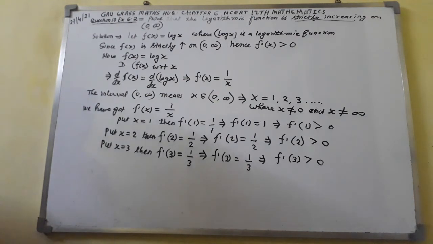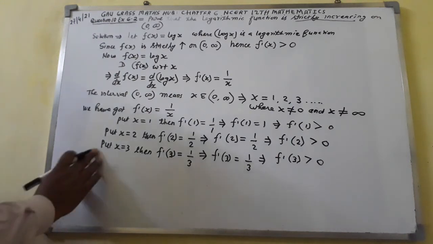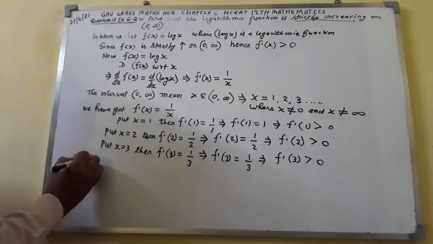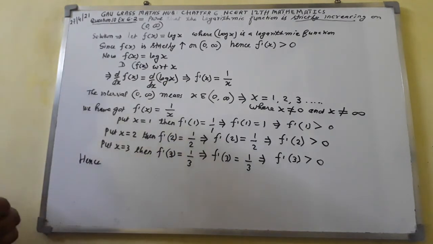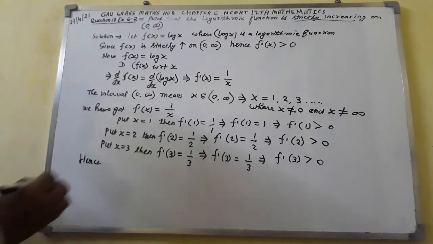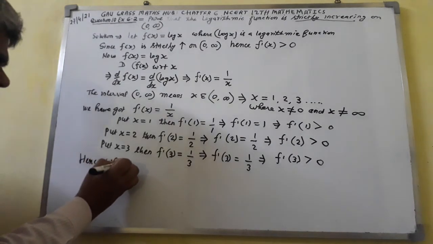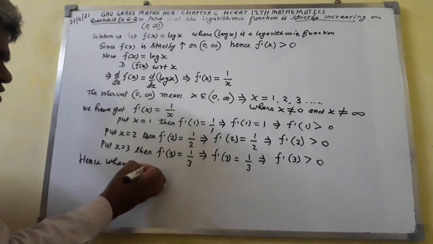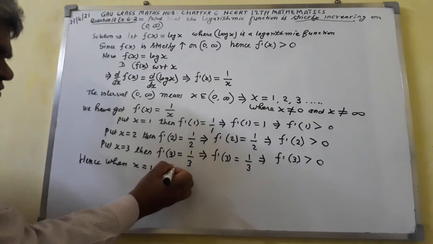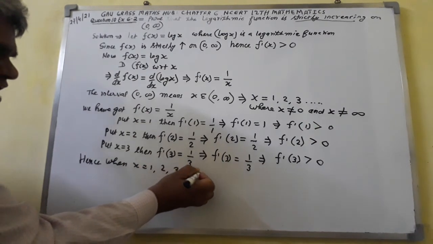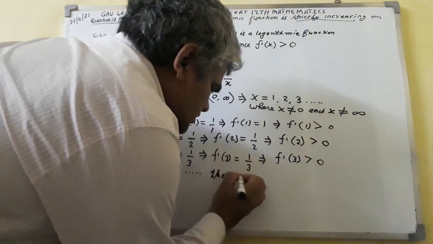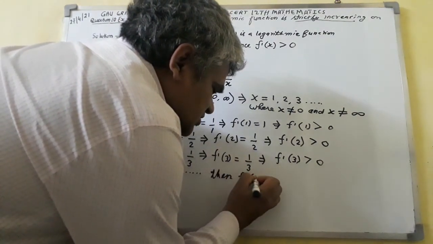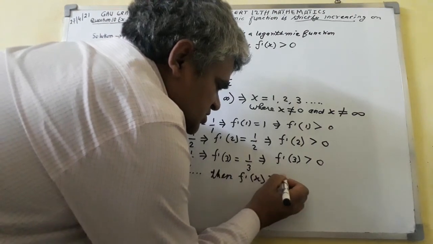Hence I can write here very well. Hence, when x equal to 1, comma 2, comma 3, dot dot, then f dash x is greater than 0.